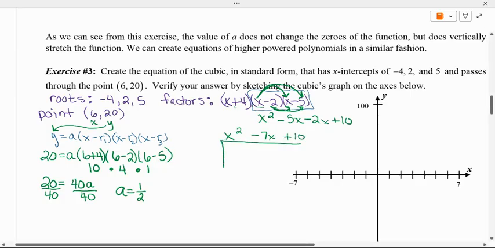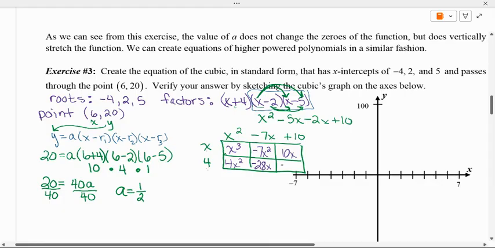I have to throw the other factor in here, right? So I can figure out what the cubic function is going to be. So I'm going to multiply this by x plus 4. So x times x squared is x cubed. X times negative 7x is, x times 10 is, 4 times x squared is, 4 times negative 7x is negative 28x, right?